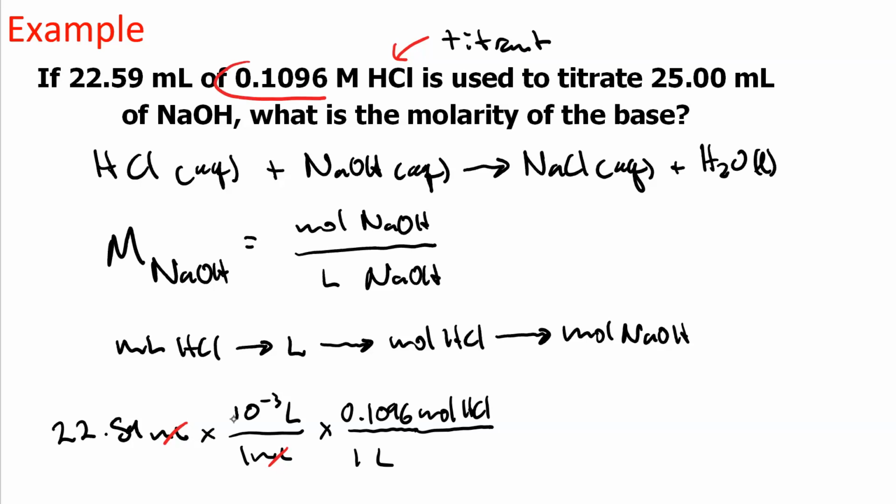That's the molarity that comes from here. And now we can cancel liters. So now we have moles of HCl. Now we need to convert to moles of NaOH, and we use the mole ratio from the balanced equation. The coefficient on HCl is 1, so we put 1 mole of HCl on the bottom, 1 mole of NaOH on top, because the coefficient of NaOH in the balanced equation is also 1. So now moles of HCl is cancelled.